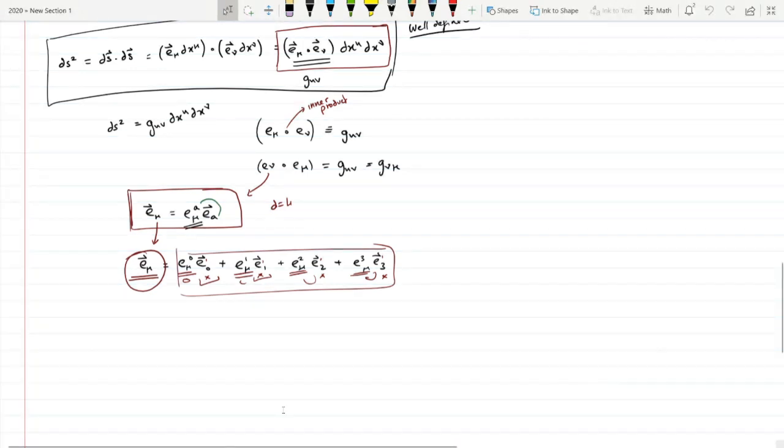These components are known as transformation components. You can do the same thing by introducing indices upstairs. Now note that if I substitute, I can go back.